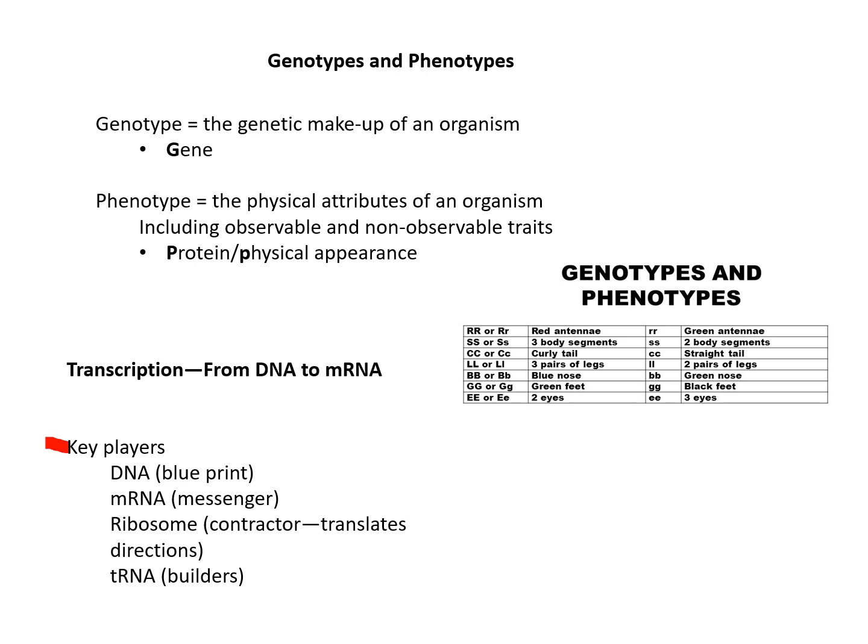So here are our key players. We've got DNA, which provides the blueprint. Then you've got mRNA, which is messenger RNA. We also have ribosomes. Okay, those are the contractors. That's what translates that messenger RNA when it floats out of the nucleus.